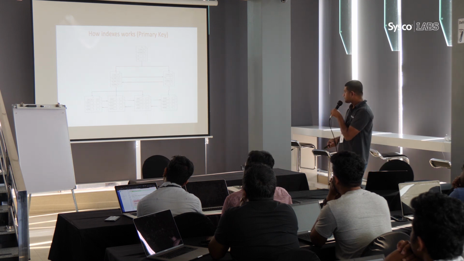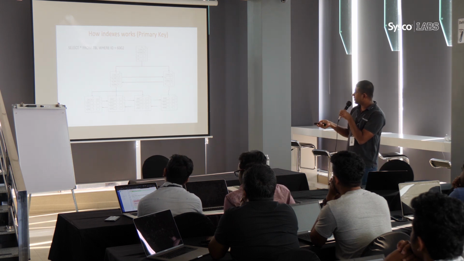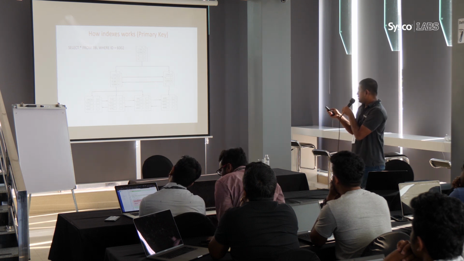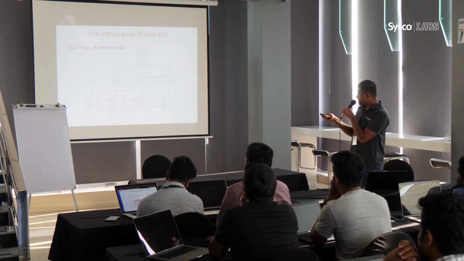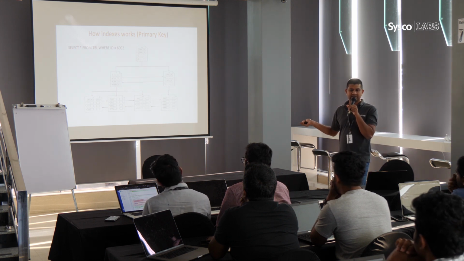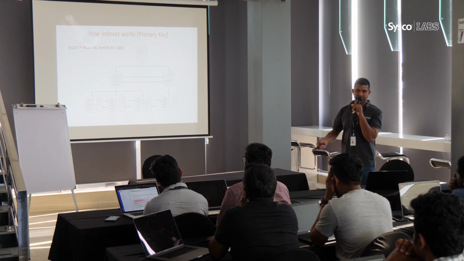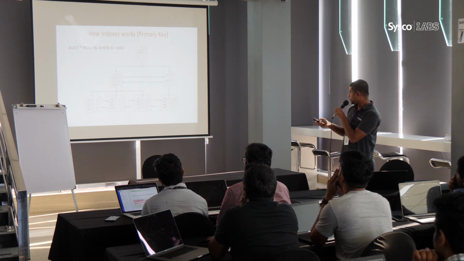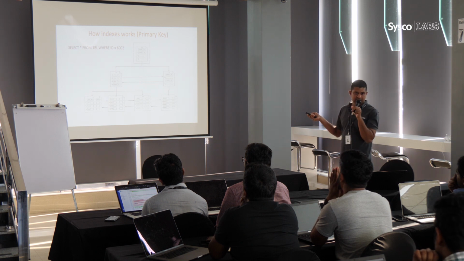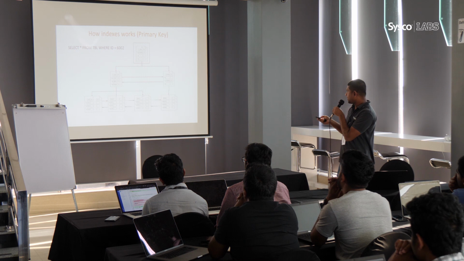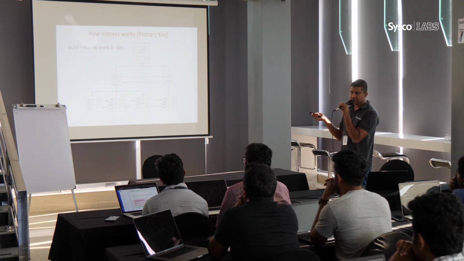So if you run this kind of query where you have an index, it first goes to the optimizer and sees there's an index like this that it can use to fulfill this particular record. Then it accesses the root node of the index and finds out where to access this particular record.